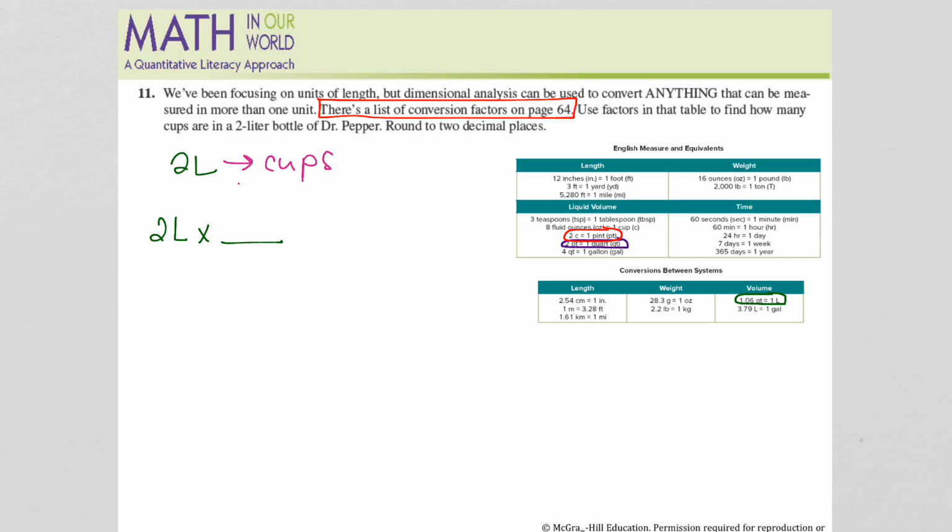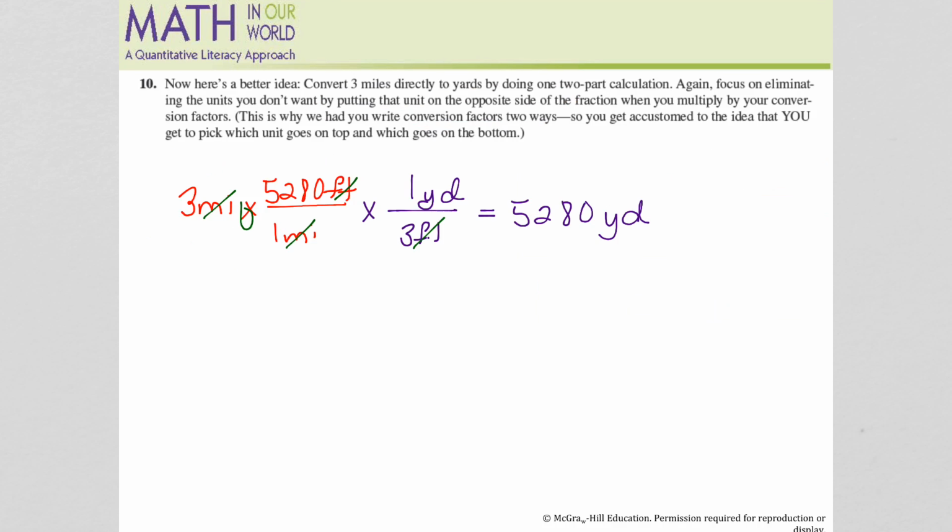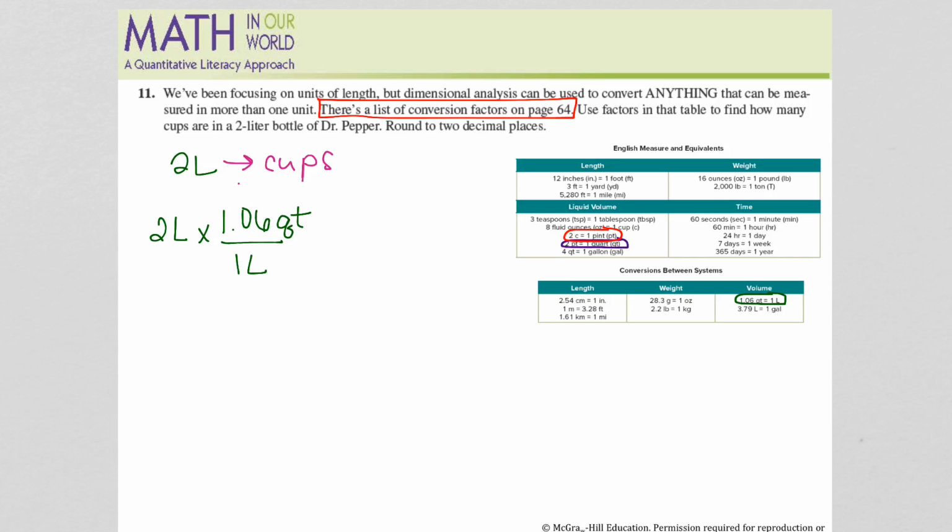So the first thing we'll do is we've got that 1 liter is 1.06 quarts. Okay? And then we have that 2 pints is 1 quart.